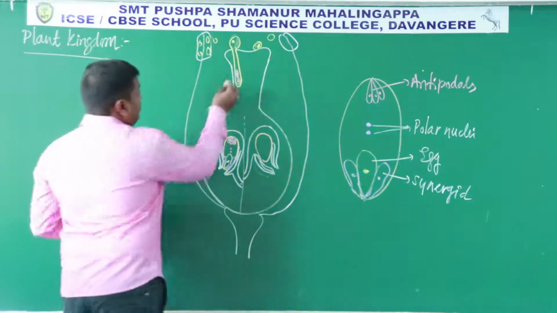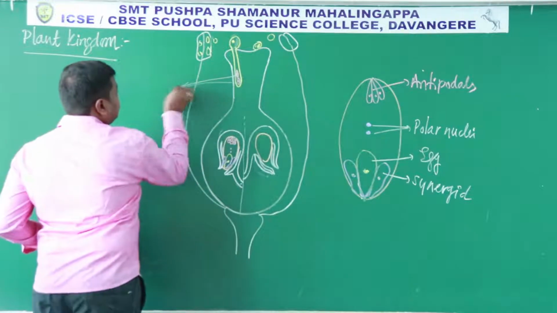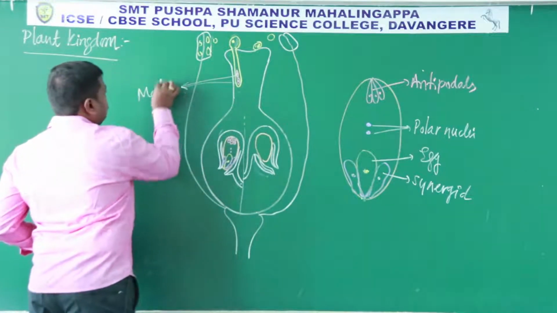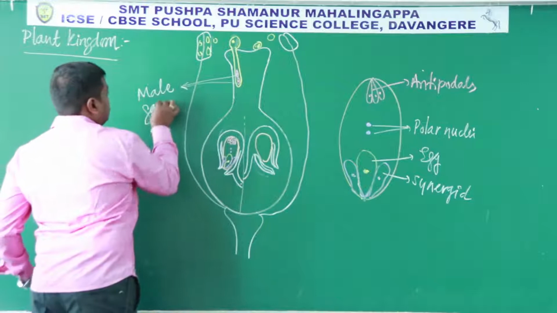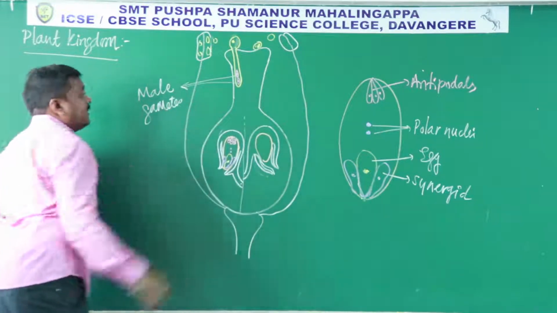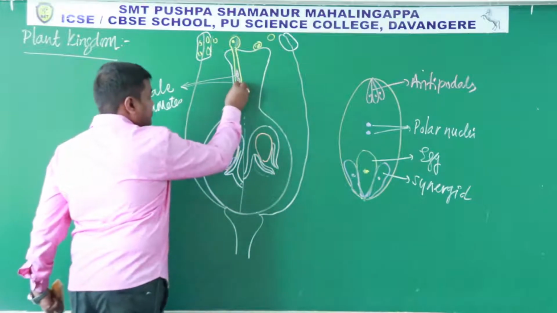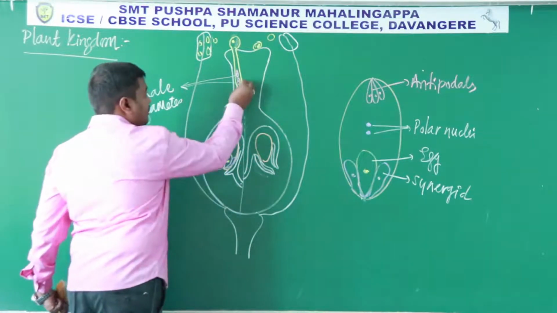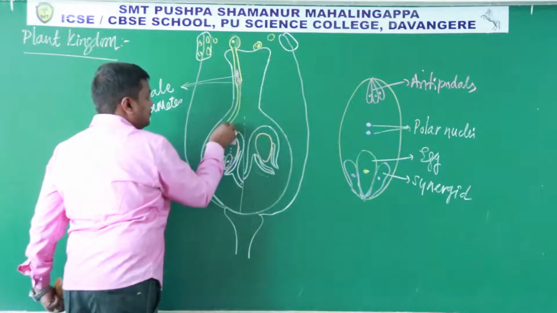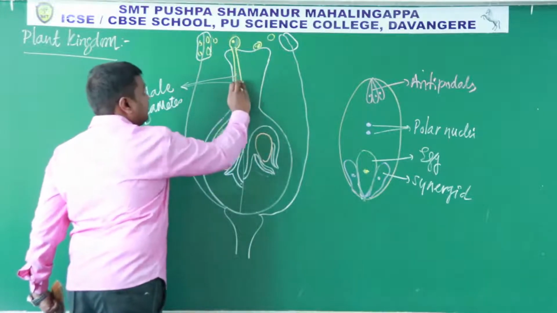These are male gametes. This tube carries the male gametes along with it. It always carries these 2 male gametes.